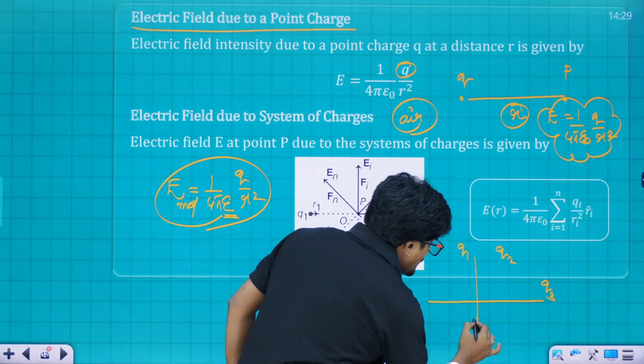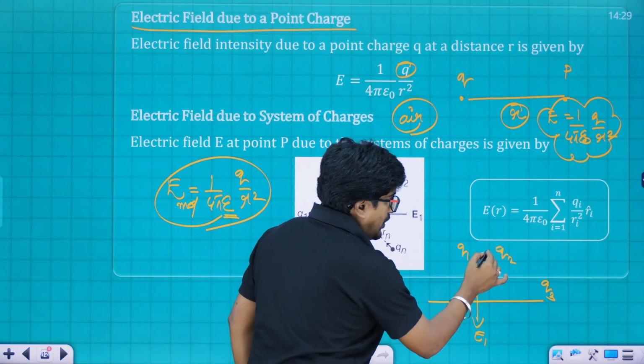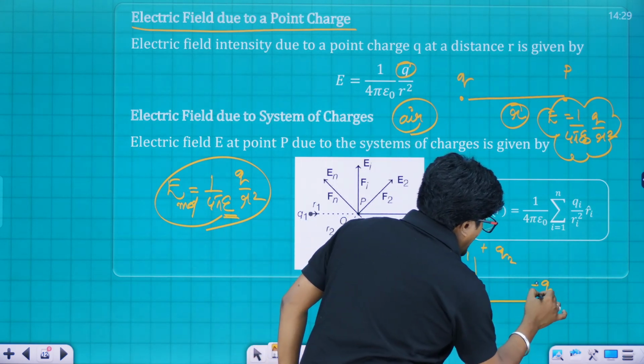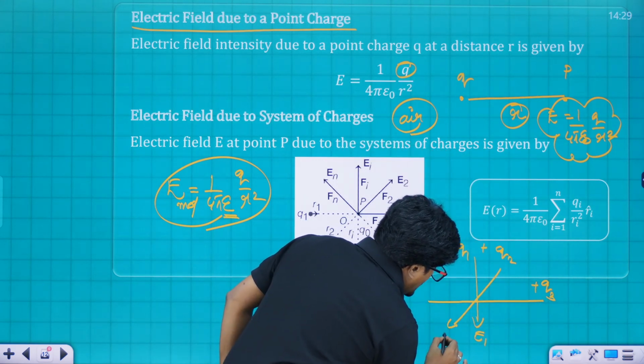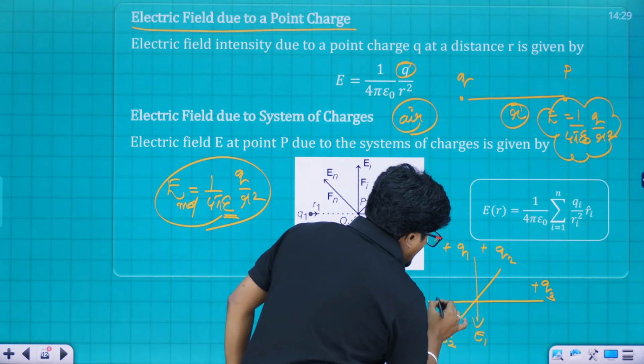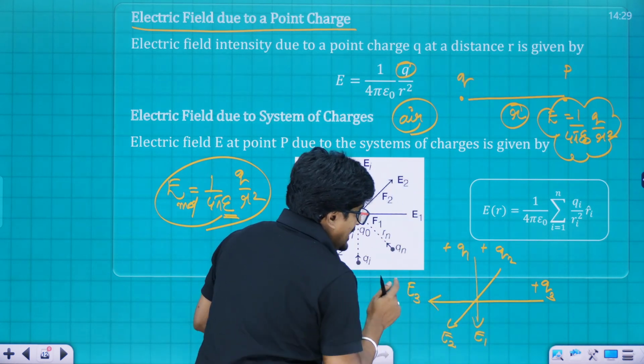All right, so due to q1 it's going to be E1 here. All are positive, don't miss that. Due to q2 it's going to be like this, that is E2, and due to q3 it's going to be E3 in this way.